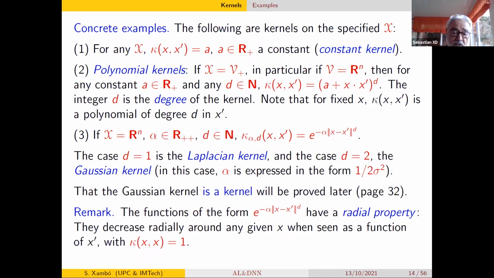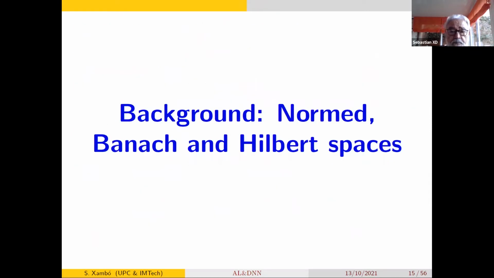By the way, these functions in the literature are usually called radial basis functions, RBF. Since I'm not going to use this terminology, I have not included it here. I think that just explaining that they have a radial property is more than enough.